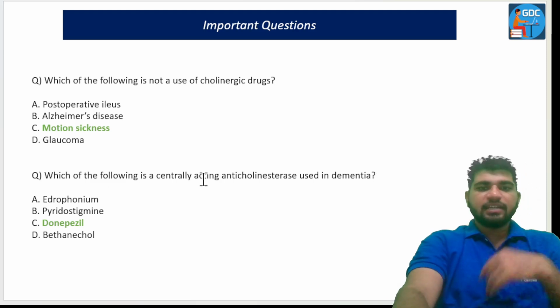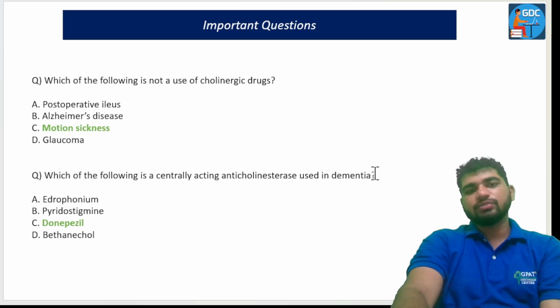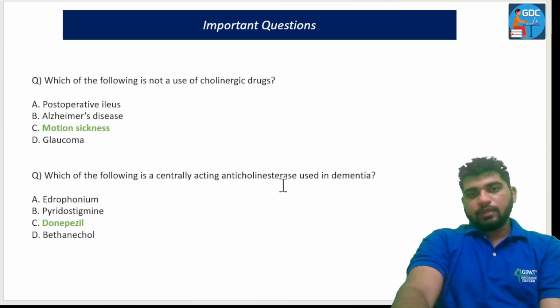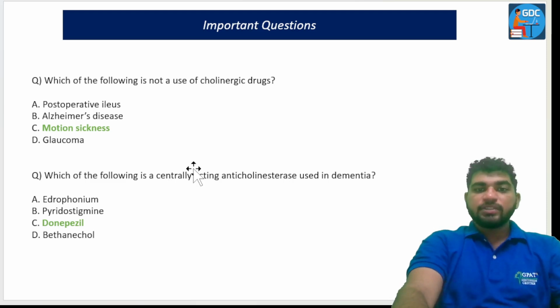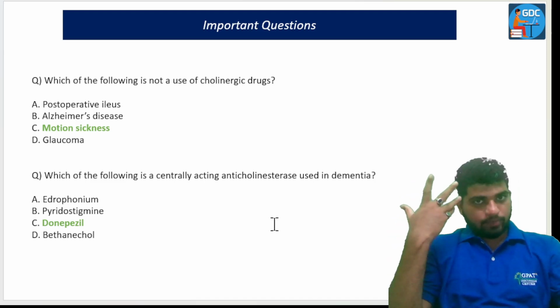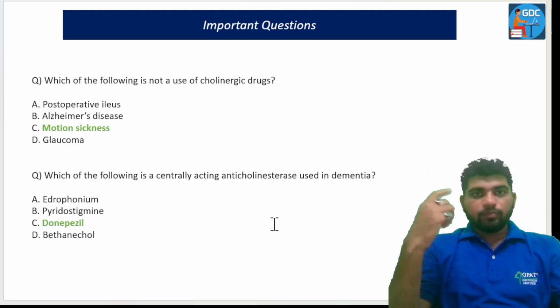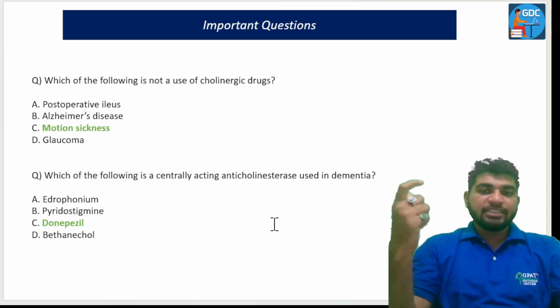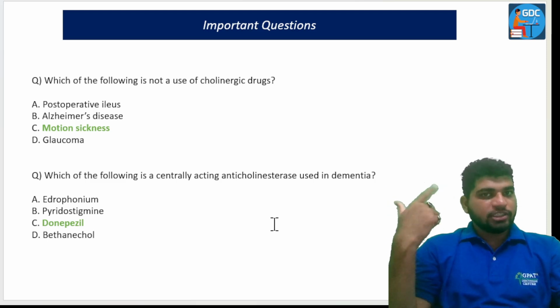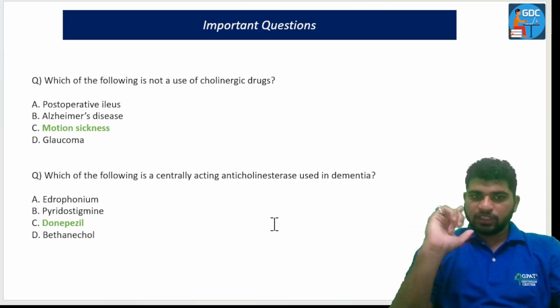Whereas, which of the following is a centrally acting anticholinesterase used in dementia? Dementia is a brain disorder, so to treat dementia, the drug should reach the brain. That is the first condition.